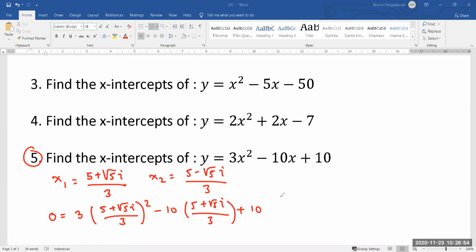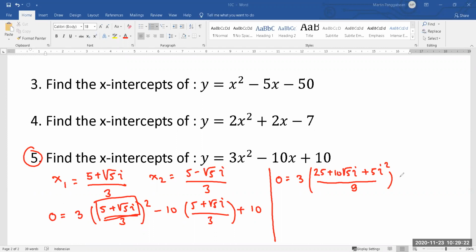So let me do it on the right side. Don't forget, when you square this, it will be 25 plus 10 square root of 5i, plus 5i squared, over 9.